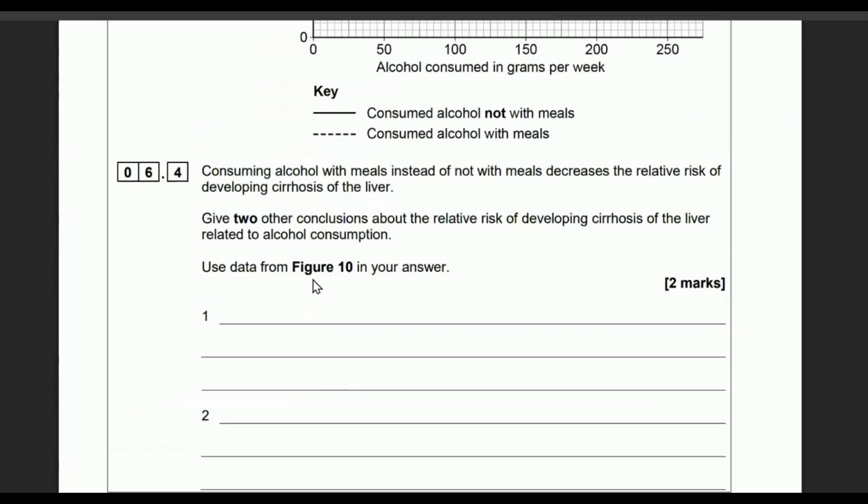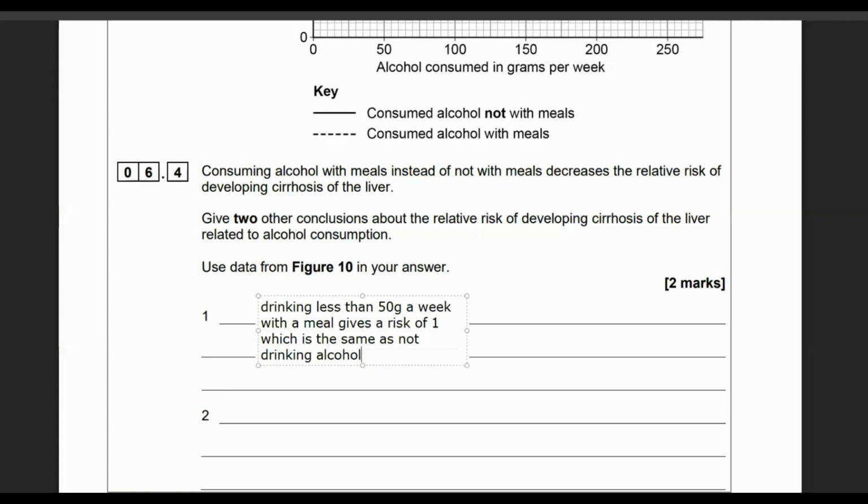Whoa, where am I? Oh, here I am. So I would say drinking less than 50 g a week with a meal gives a risk of 1, which is the same as not drinking alcohol.